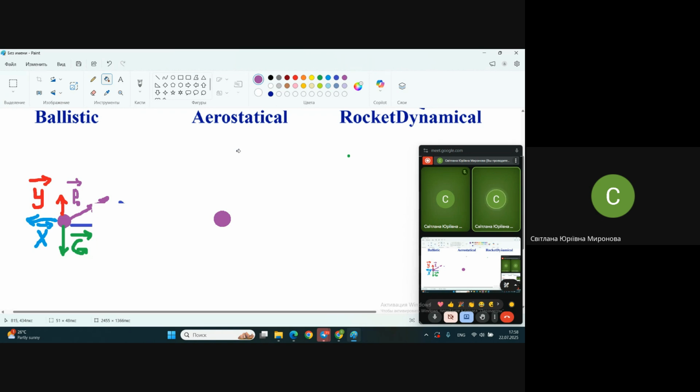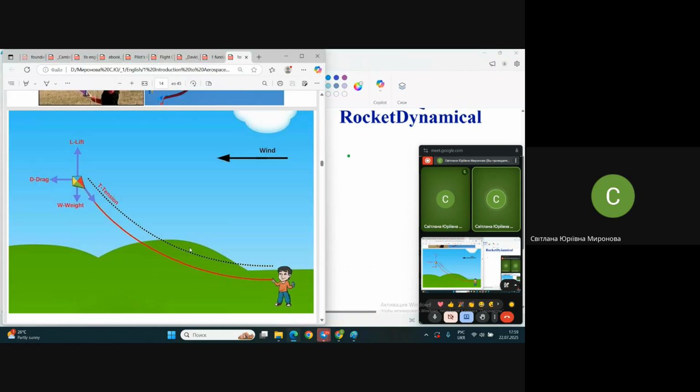But how may it be? Maybe it's something so thin, so light that it can be used for any purposes in real life? Of course not. These aerostatical aircraft are usually represented by the first thing that comes into our mind.